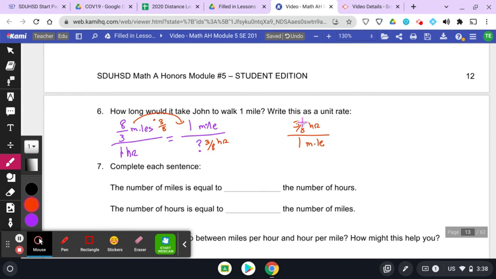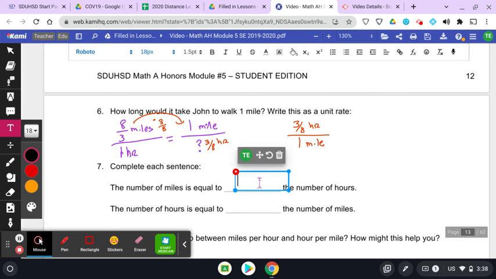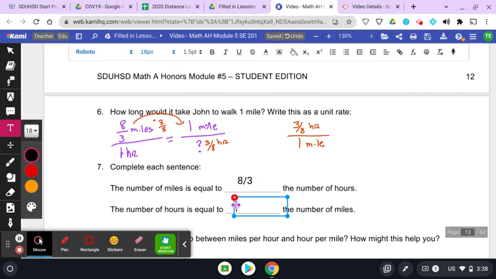Okay, so we had 2 unit rates, one time with miles on the bottom, one time with hours on the bottom. The number of miles is equal to 8/3 the number of hours, because you'd multiply by 8/3 to get from hours to miles. And the number of hours is 3/8 the number of miles.